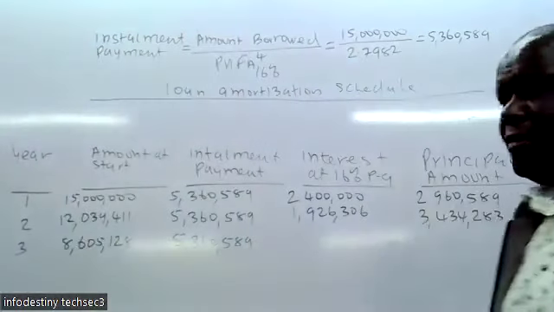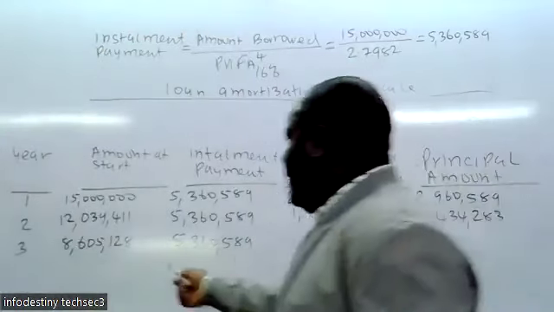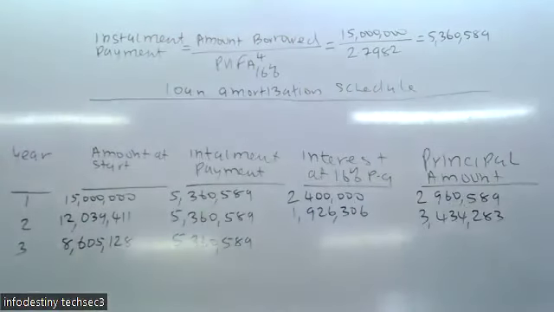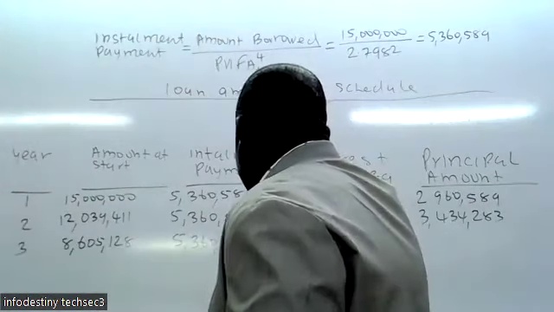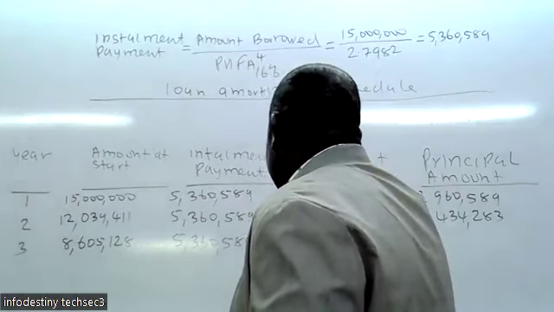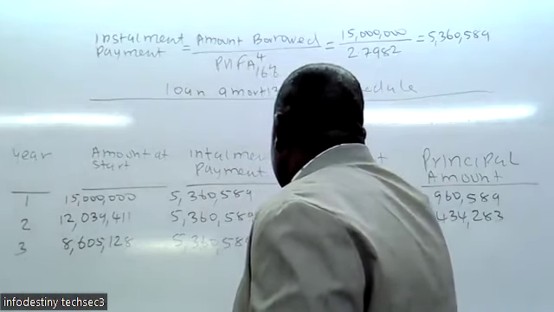So interest also gets 16% of this figure at the start: 1,376,820.